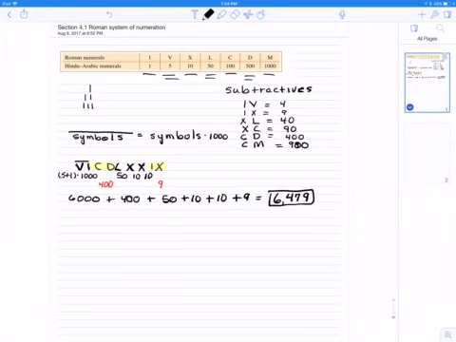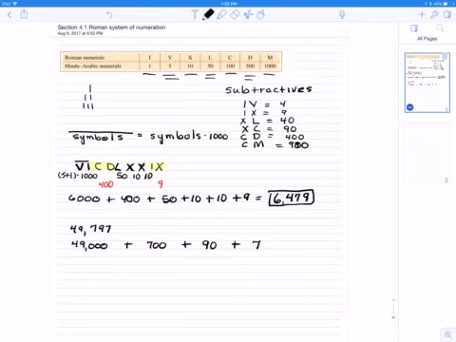Now, if we wanted to convert a Hindu-Arabic numeral, such as 49,797, to a Roman numeral, we're going to expand it to 49,000 plus 700 plus 90 plus 7.